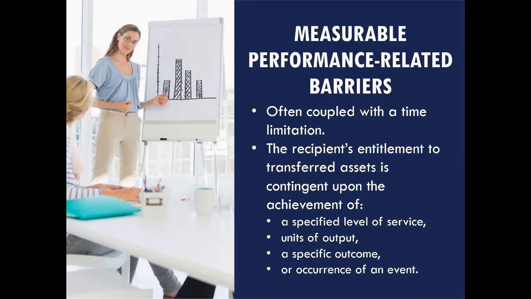The last bullet point here is an occurrence of an event. For instance, say you have obtained a capital grant or a capital contribution, but it's contingent upon obtaining a building permit or some type of approval. Maybe the local authority has to approve based upon project milestones. These would be some examples of a measurable performance-related barrier.